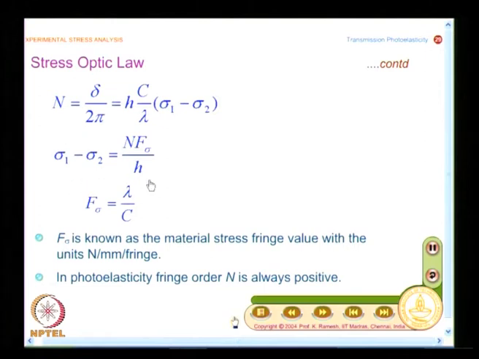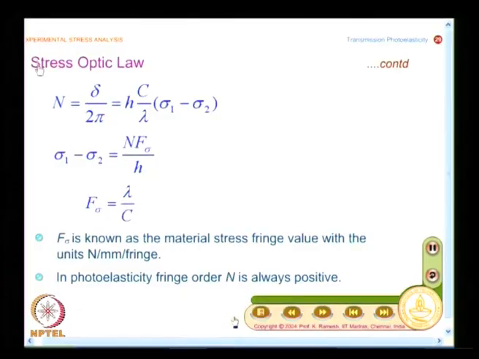See, when I introduced fringes from photoelasticity, even when you looked at the famous problem of 4-point bending, where you had tension and compression side, the fringes were always labeled positive integers. On the other hand, when we went to Mohr, you found that fringes are numbered both positive and negative, whereas in photoelasticity you always number it as positive integers.